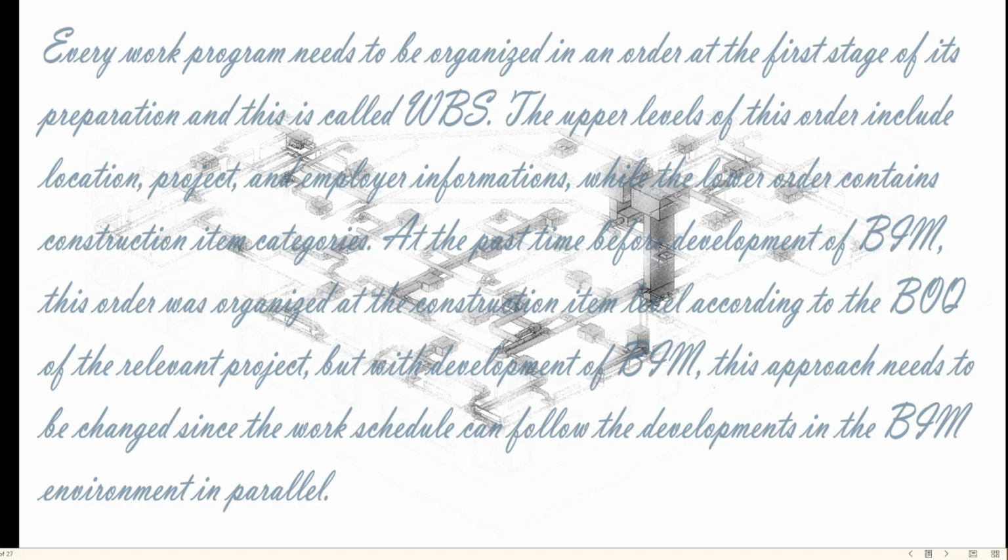In the past, before development of BIM, this order was organized at the construction item level according to the BOQ, the bill of quantities of the relevant project. But with development of BIM, this approach needs to be changed since the work schedule can follow the development in the BIM environment in parallel.